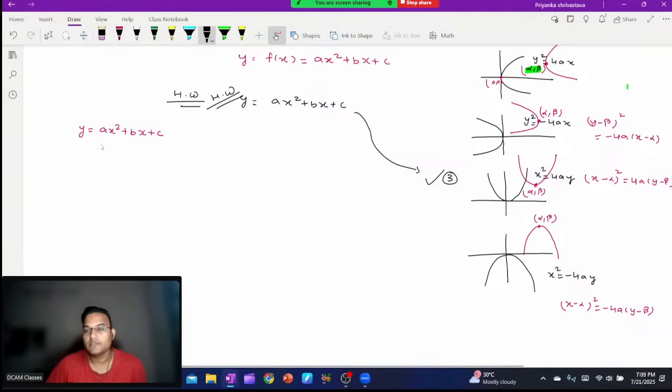y is equal to ax square plus bx plus c is there. If you try to convert it, what we'll do: y is equal to ax square plus, I can write it as, b by 2a into x plus b by 2a whole square, c is already there, and minus b by 2a whole square also.